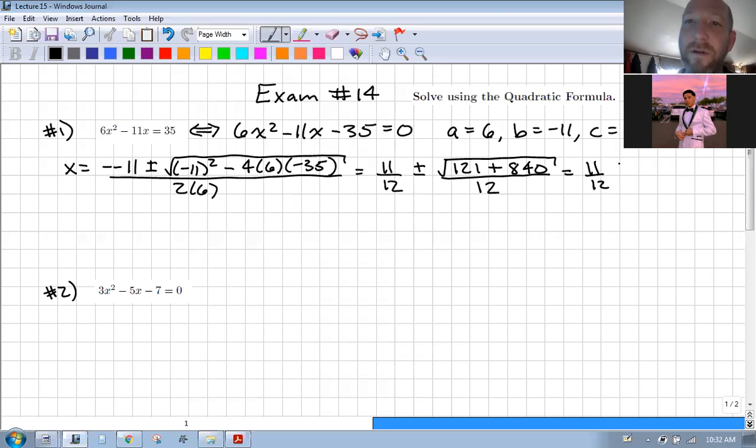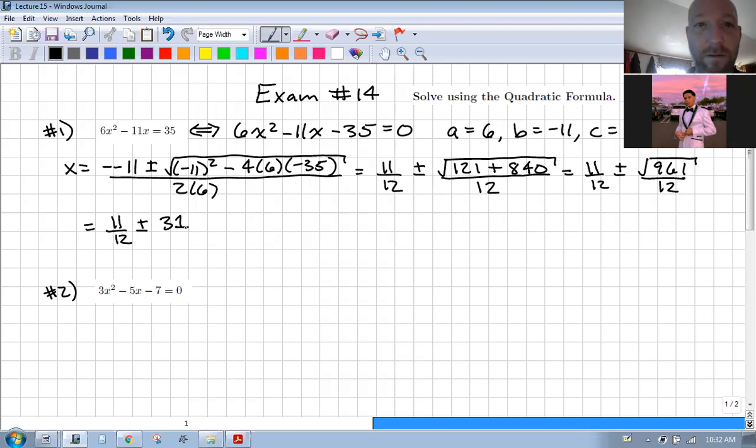We have 11 twelfths plus or minus. See, 840 and 121, 961. So let's see, what can we do with 961? It's in my calculator. I'm just going to hit the square root and see if it's an even number here. 31.